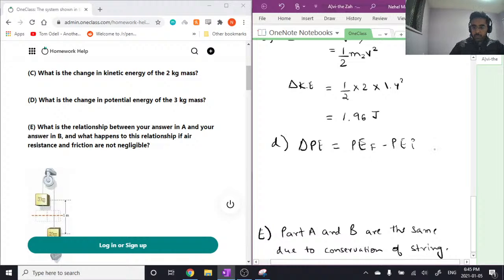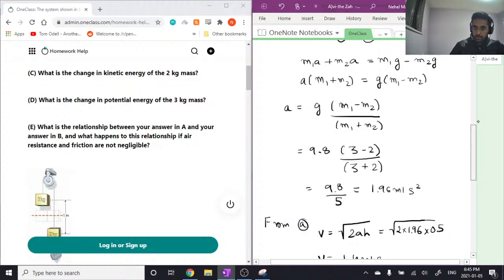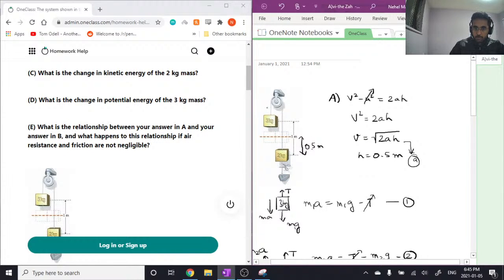the way we do this is we define a coordinate system. Okay, so for this block, let's say I define a coordinate system like this, where this is 0 and this is the initial position. So initially, if we define it like this, we are saying initially the body is at height 0, so the initial potential energy is 0.